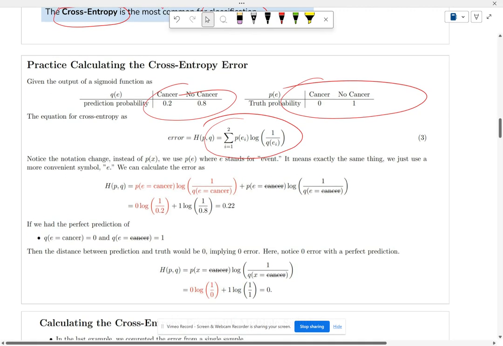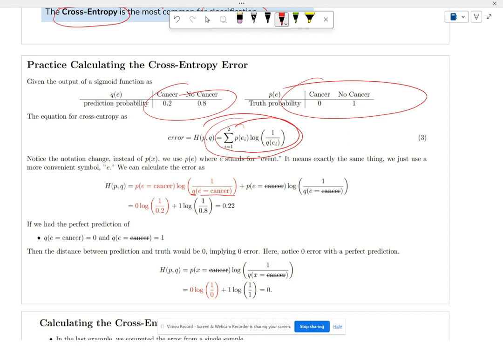If we were to write out the entire cross entropy, it would be the probability that the event is cancerous for P times that Q is cancerous. Notice how we're following this equation. And then plus the probability that it's not cancerous for P, and it's not cancerous for Q. So it's going through the two possible events.